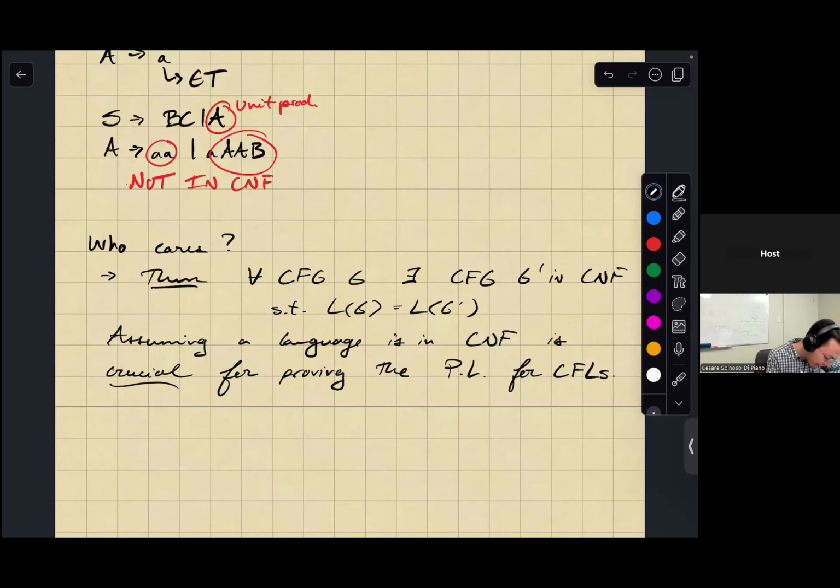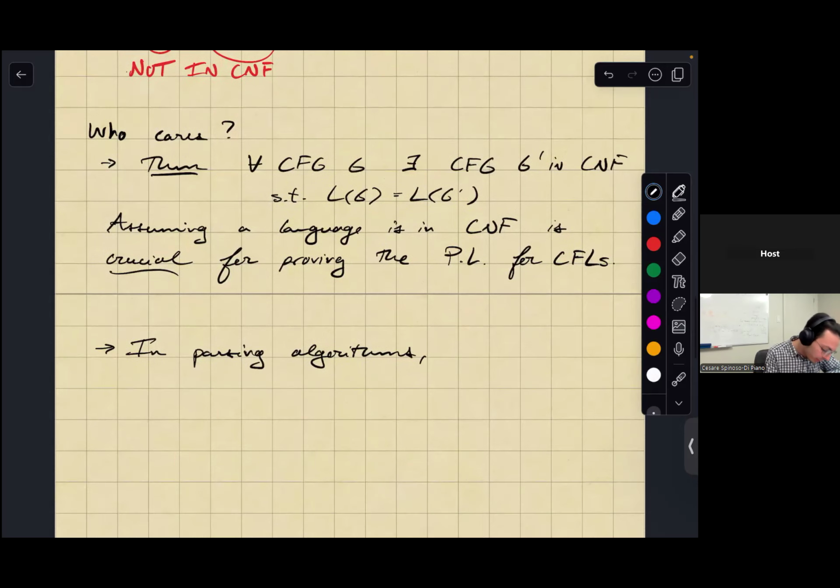The other reason we care is because of parsing algorithms. So what is a parsing algorithm?